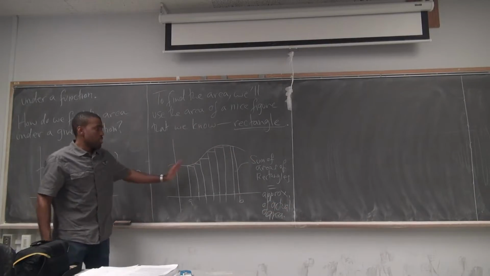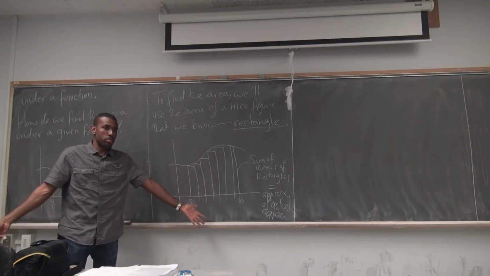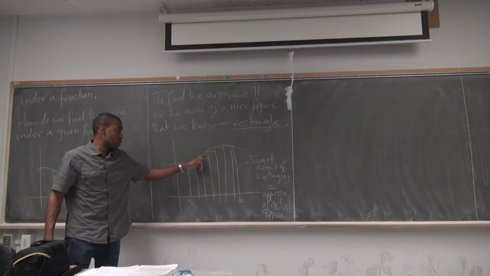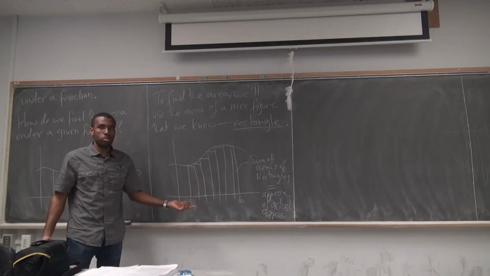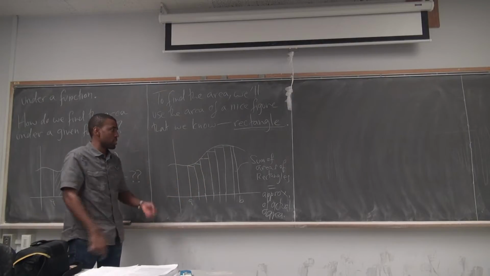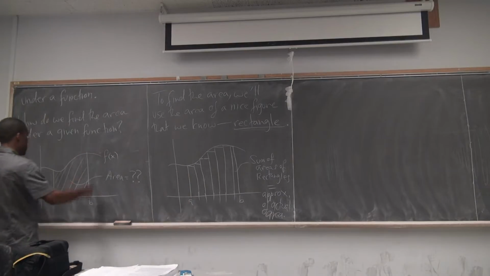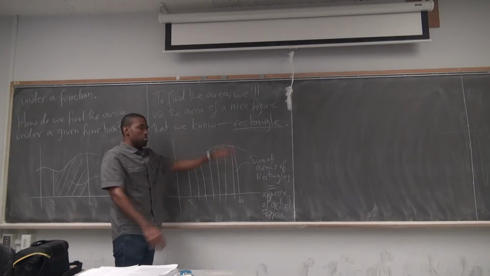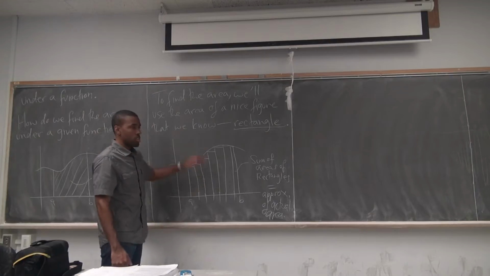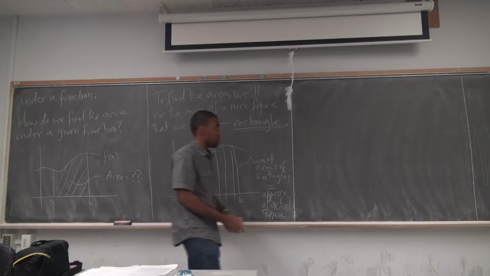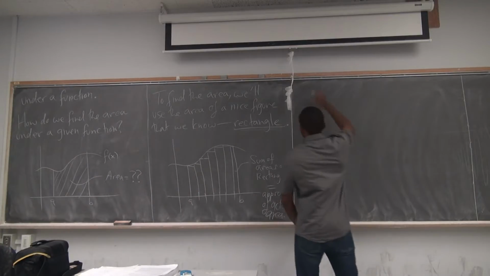Now, as you can imagine, the more rectangles I use, the better the approximation is going to be, right? If I start splitting this one rectangle into two, I can fill in more space, right? And if I keep splitting rectangles, the better things get, right? But in general, what we're going to do for a random curve, to figure out the area, cut it up into rectangles that are under the curve, or it might be over the curve, depending on how we want to set it up.